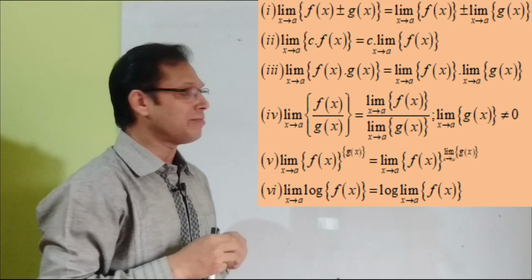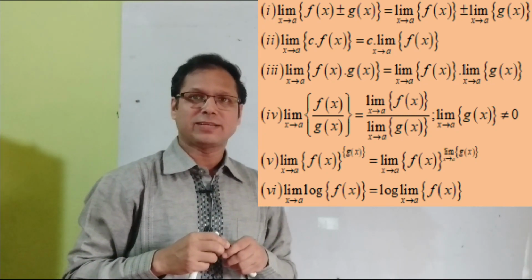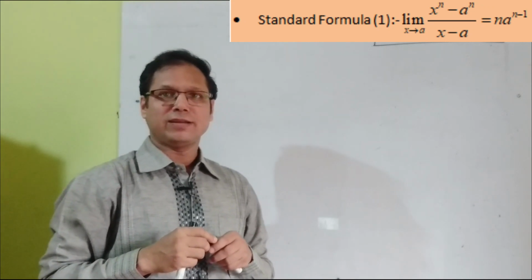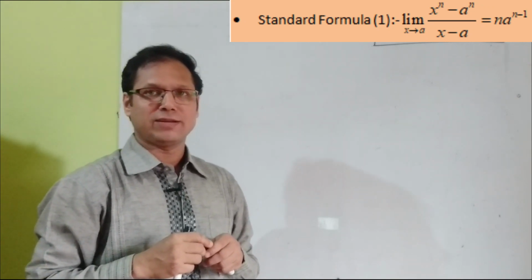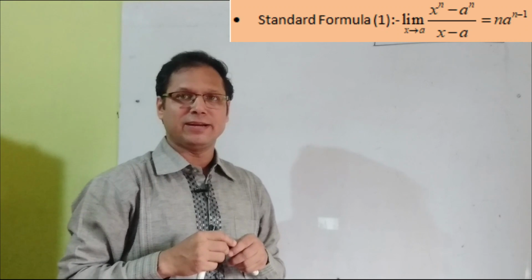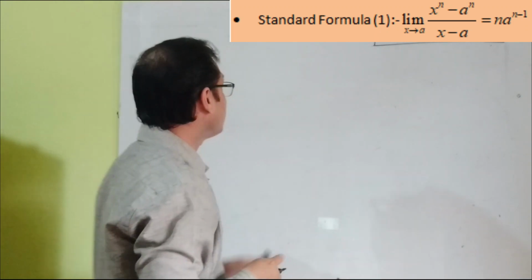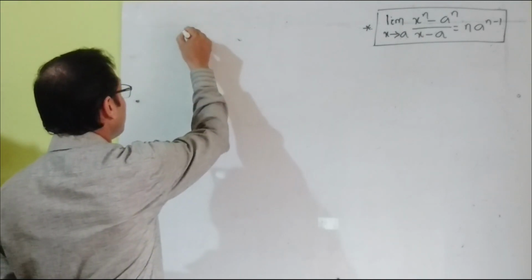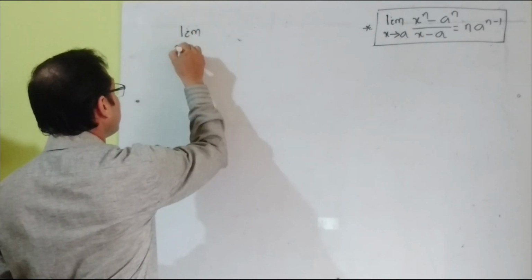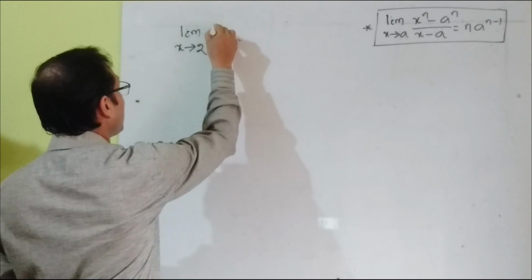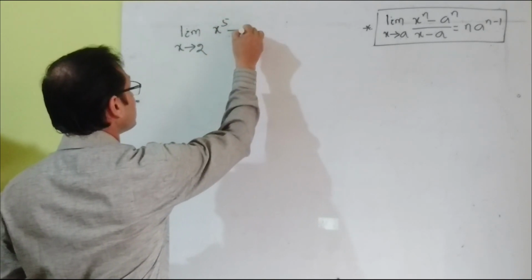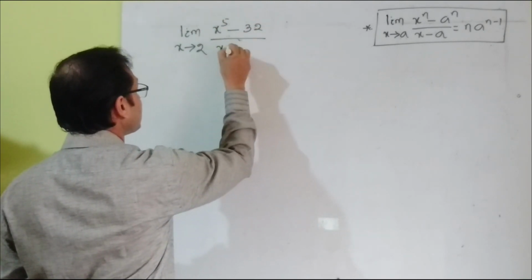Now also we have another standard formula, limit x tends to a (x to power n minus a to power n) by (x minus a) is equal to n a to power n minus 1. Okay, keep it in your memory. I will take some examples. Suppose in the first example we have to find limit x tends to 2 (x to power 5 minus 32) by (x minus 2).